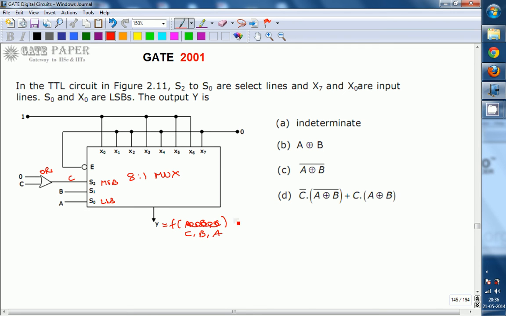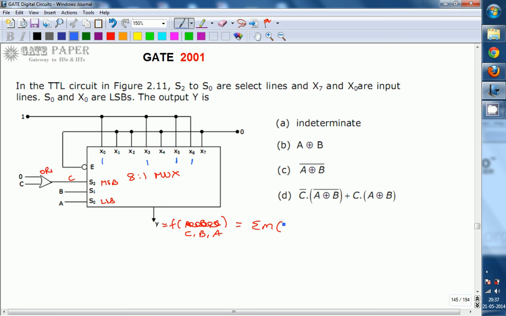So F can be written as sigma M of minterms, for those minterms where logic 1 is connected. Logic 1 is connected at X0, X3, X5 and X6, and all others are at zero.